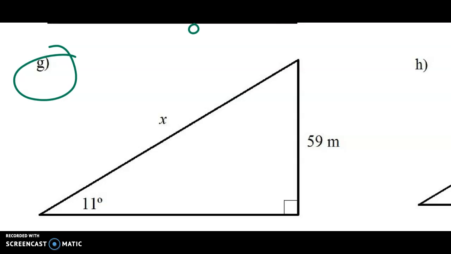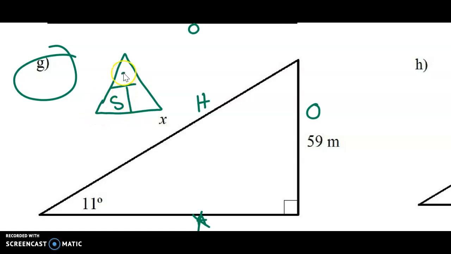Okay then, right, so here we go. So let's label it up. So we have H, O is this one over here, and A. Okay. So we're going to cross out the one that's not involved, which is A. So we want the triangle with O and H in it. Okay, so we've got the sine one. We're going to cross out what we want to find, which is this one here. So again, we're going to do a division.